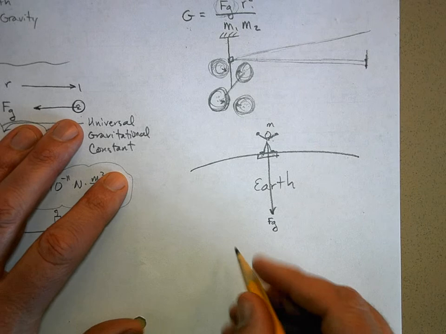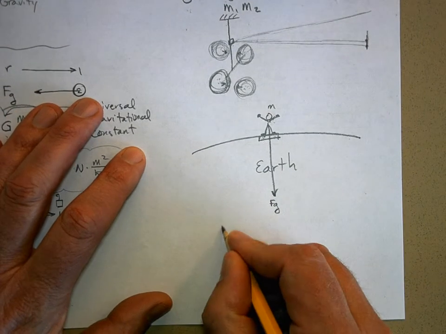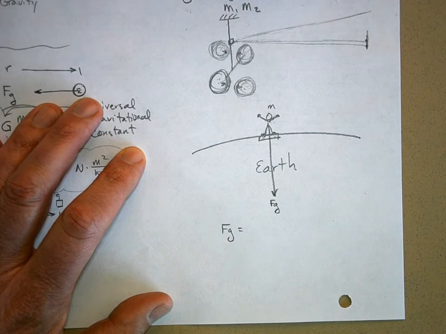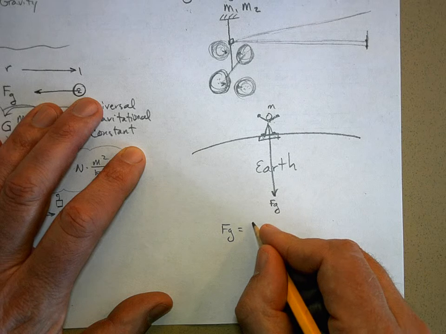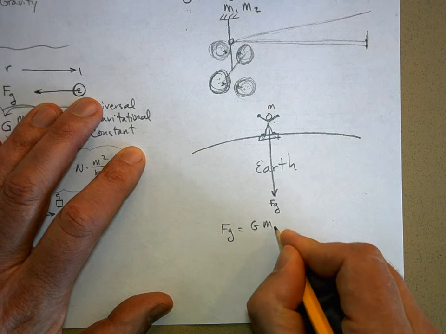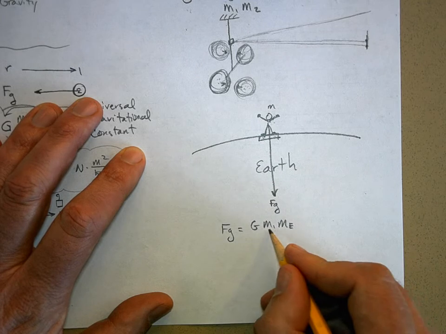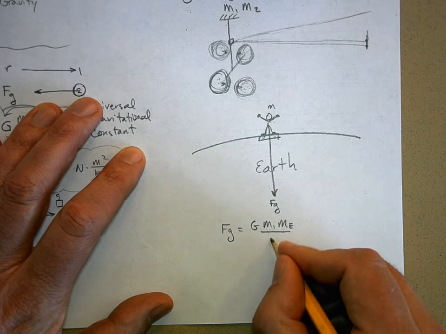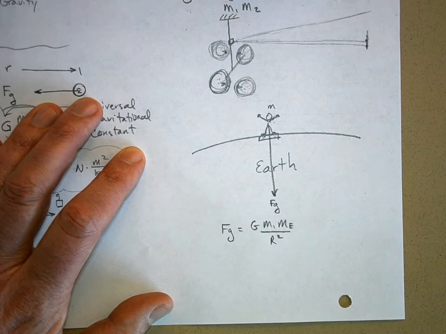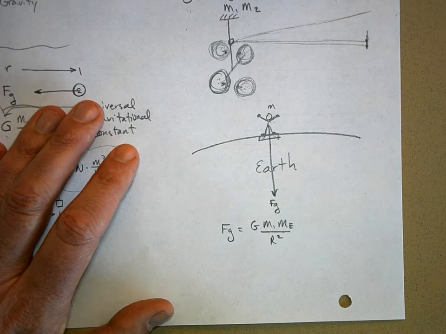And so what we can do is take Newton's law of gravity, which is G m1, now let's just call it m_E, the mass of the Earth, over r squared, capital R, that's the radius of the Earth. We'll just solve it for the mass of the Earth.